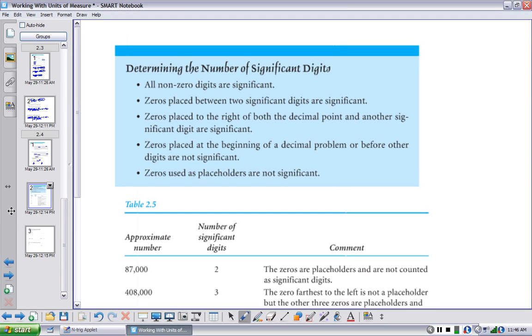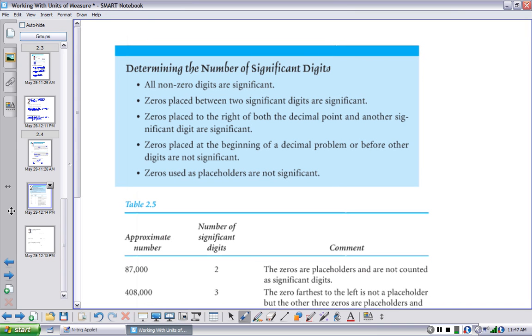The first thing is that all non-zero digits are significant. So anytime you see a number other than 0, you can count it as a significant digit. The second thing is zeros that are in between two significant digits are significant. So a zero between two non-zero numbers is significant.